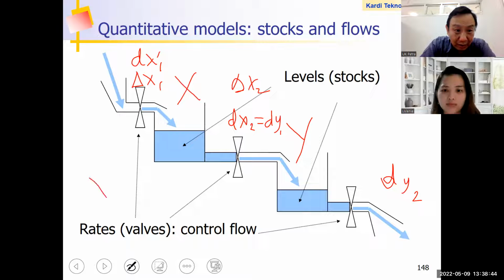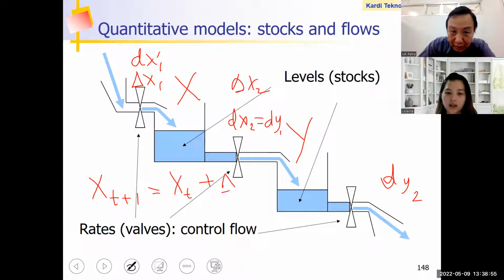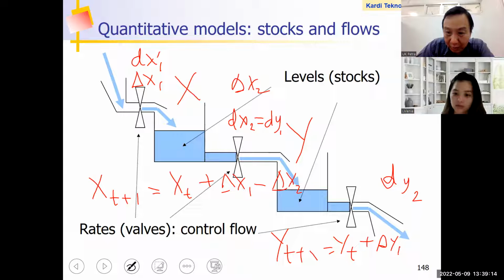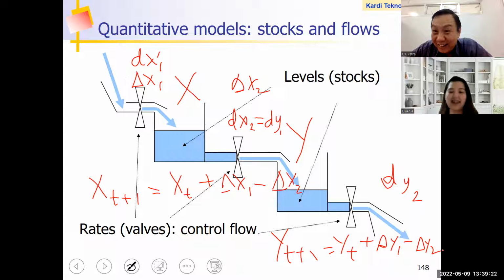Of course, x t plus 1 equal to xt, correct, plus delta x1 minus delta x2. The same thing here, right? So y t plus 1 equal to yt plus delta y1 minus delta y2. Easy, right?